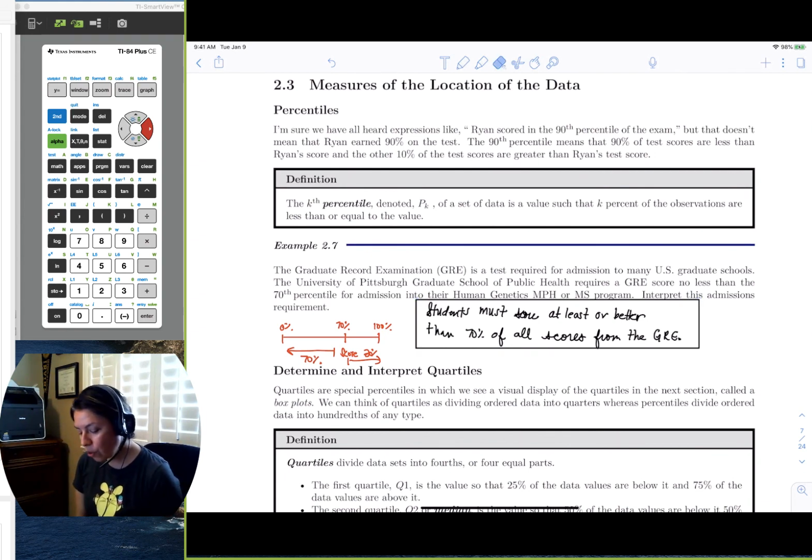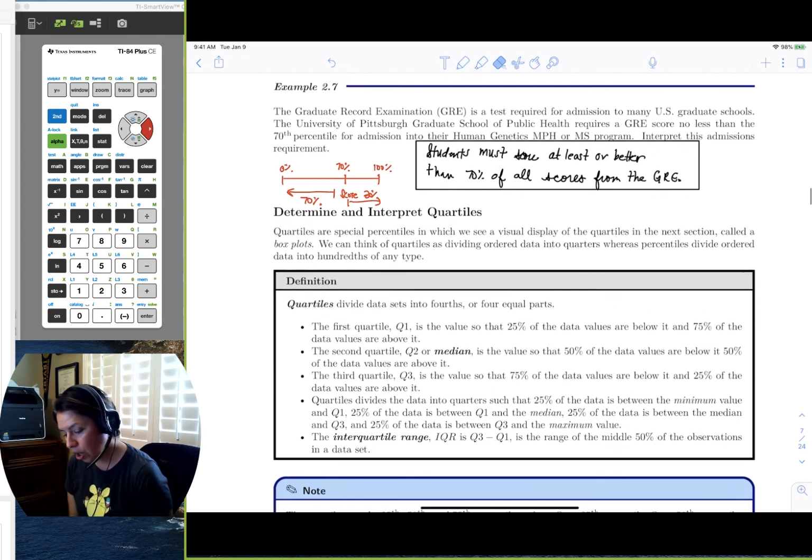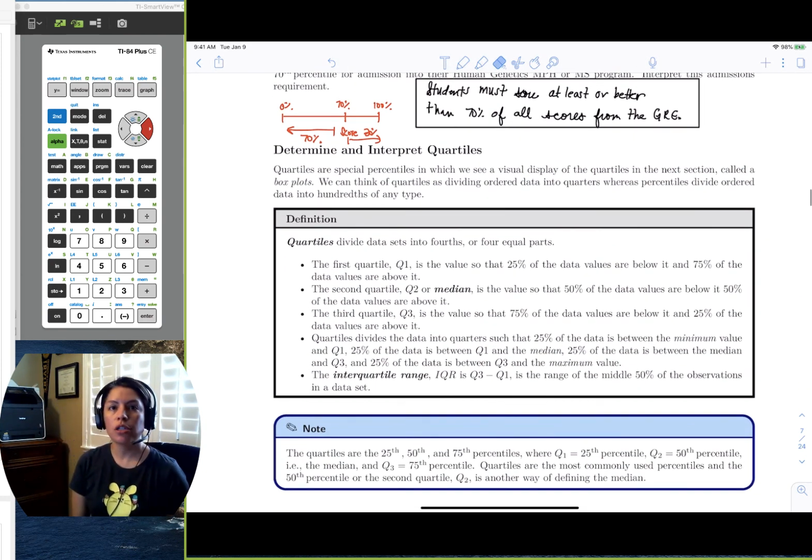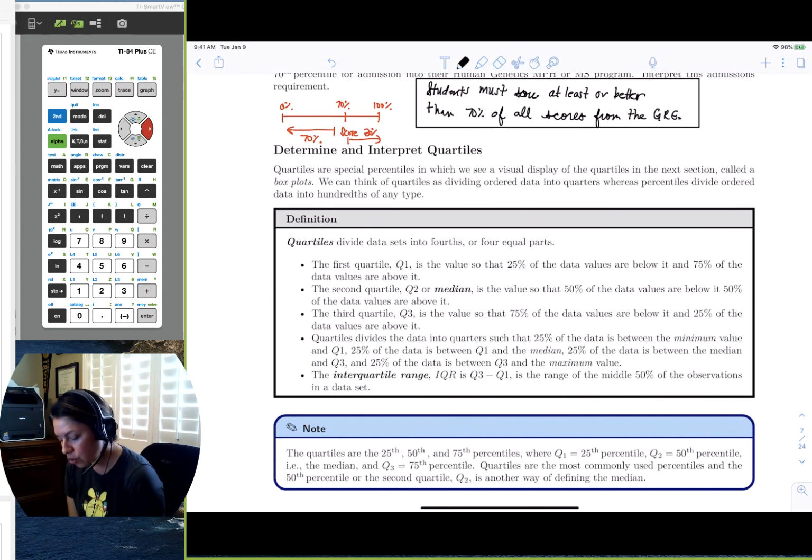Of course we love the quartiles because the quartiles are where we're going to be able to determine the 25, the 50, the 75. Quartiles are really important to us in statistics. If we had 25% of the data, that means that first quartile has 25% of the scores below it and 75% above it.